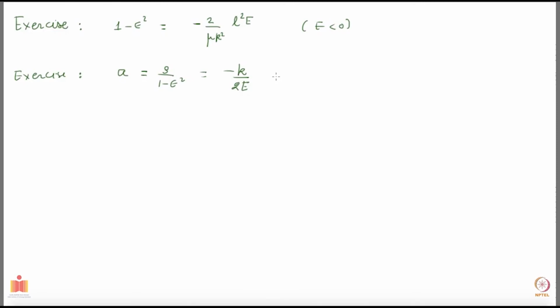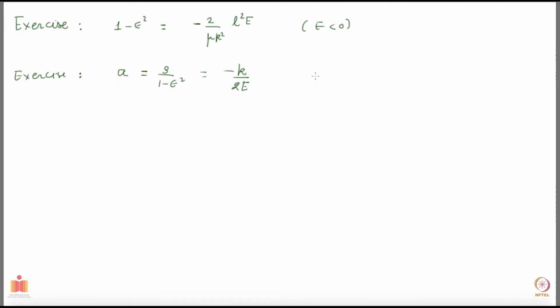When you fire the particle, the reduced particle with reduced mass mu, the energy of it or the velocity of it is going to determine what the semi-major axis would be, what will be the length along the theta equal to 0 direction, from minus pi to 0. That length of the semi-major axis is completely determined by the energy you give, and angular momentum has no role in determining that.